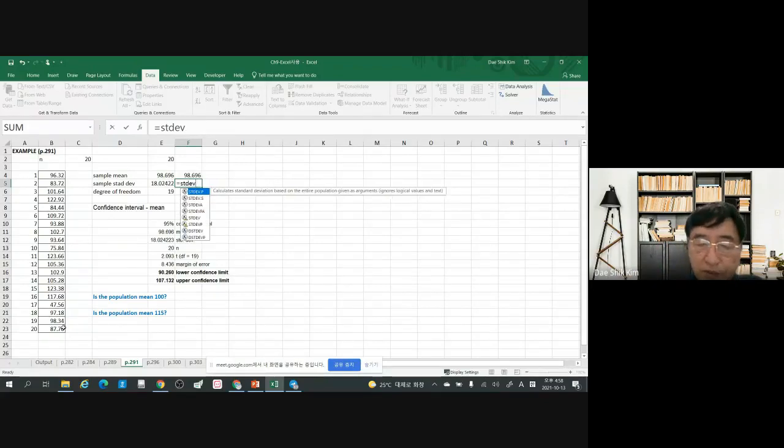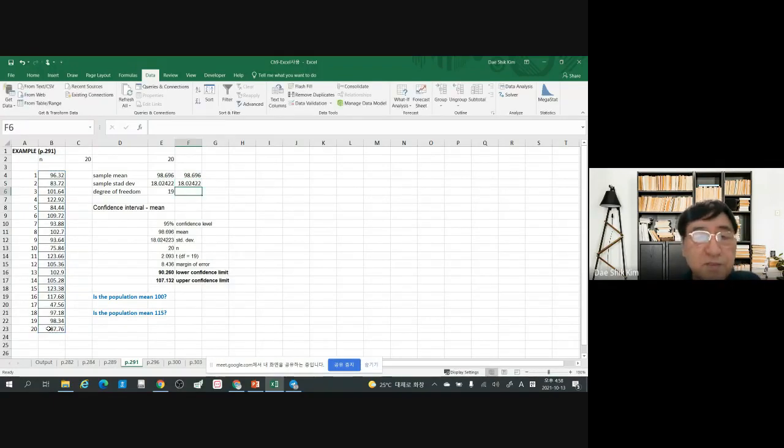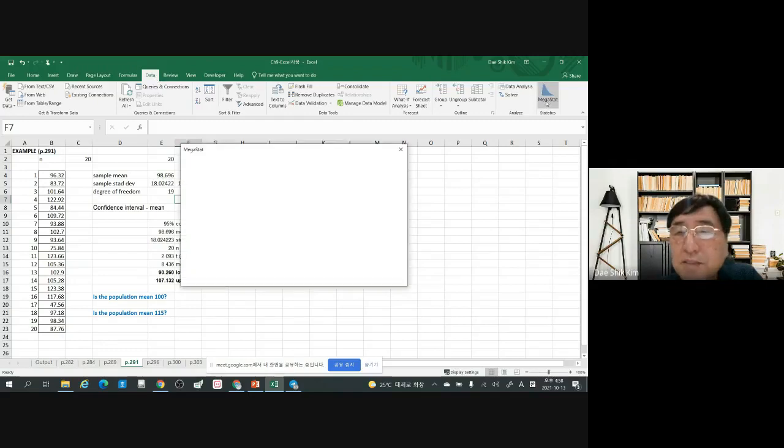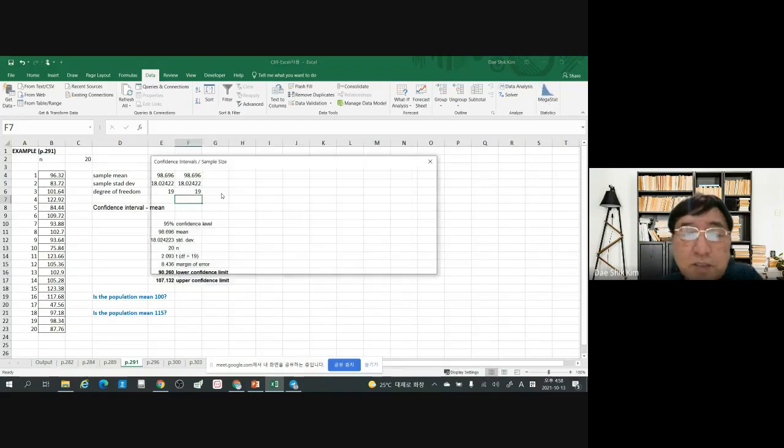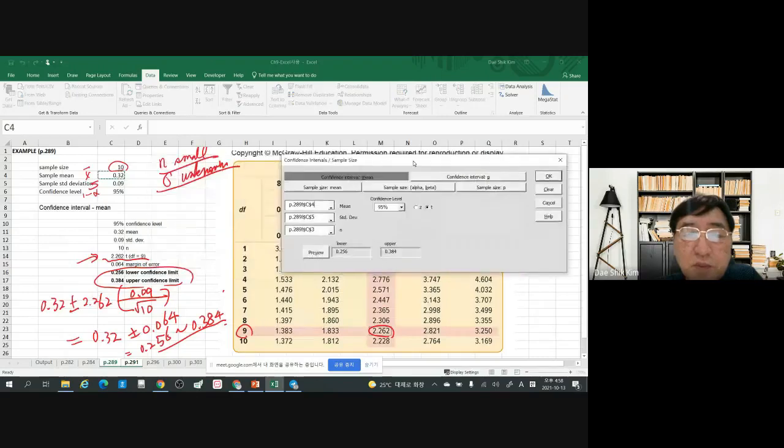If you do not specify, the default is the sample standard deviation. And enter. You have this one. Degree of freedom is equal to this minus 1.